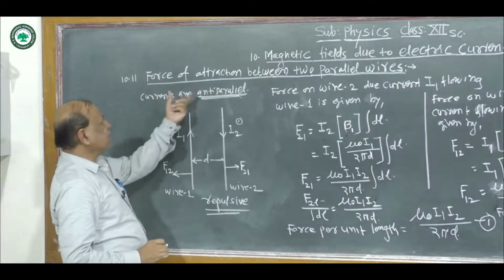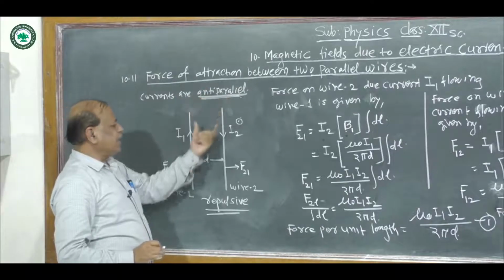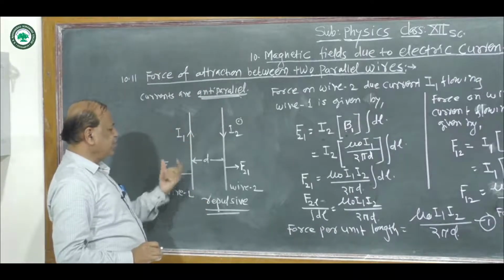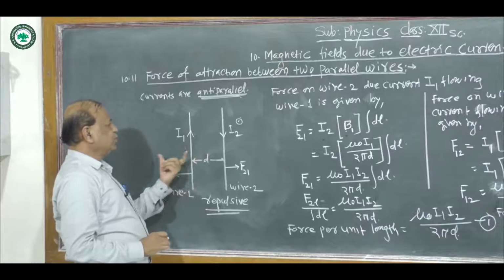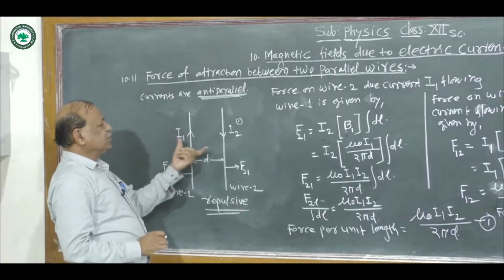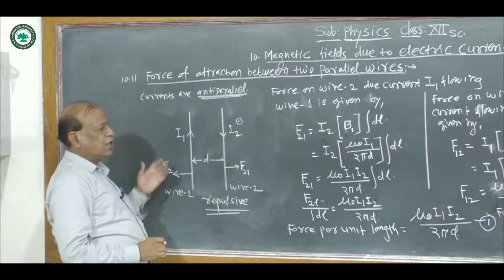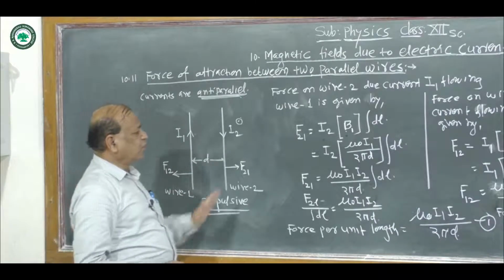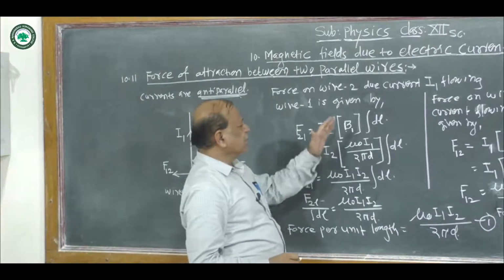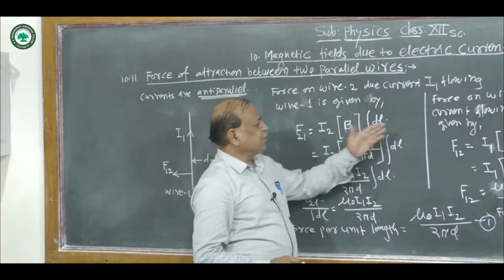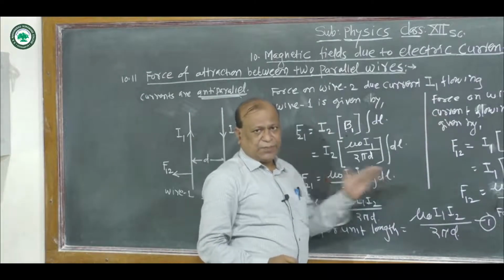When currents are anti-parallel, then the force between these two conducting wires is a repulsive force, and the magnitude of these two forces is again obtained in the same manner.